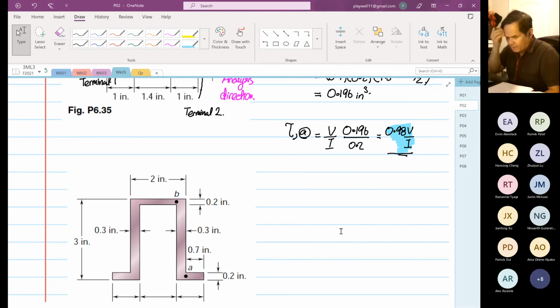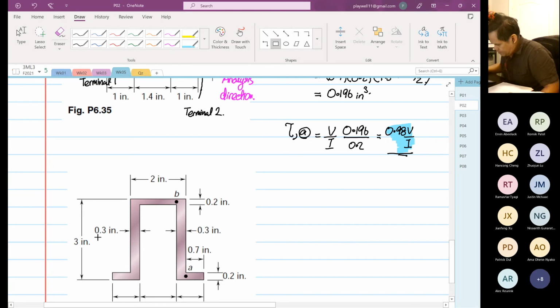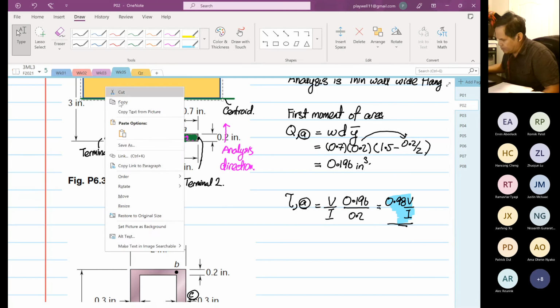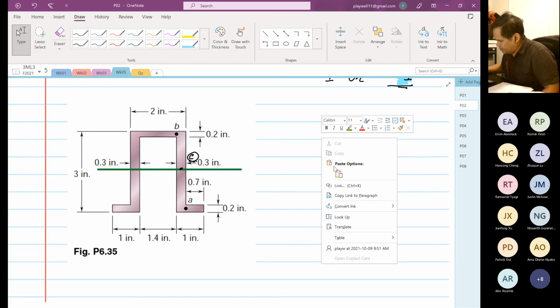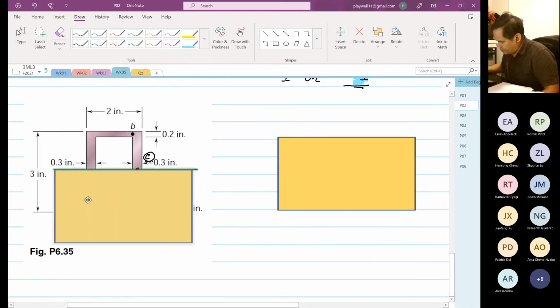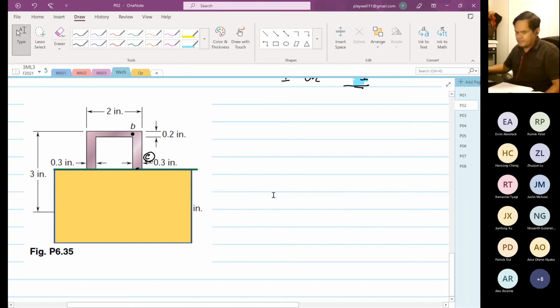So I'm going to find at the centroid. I'm going to call this my point C, and while finding this centroid, I'm going to take from the top.